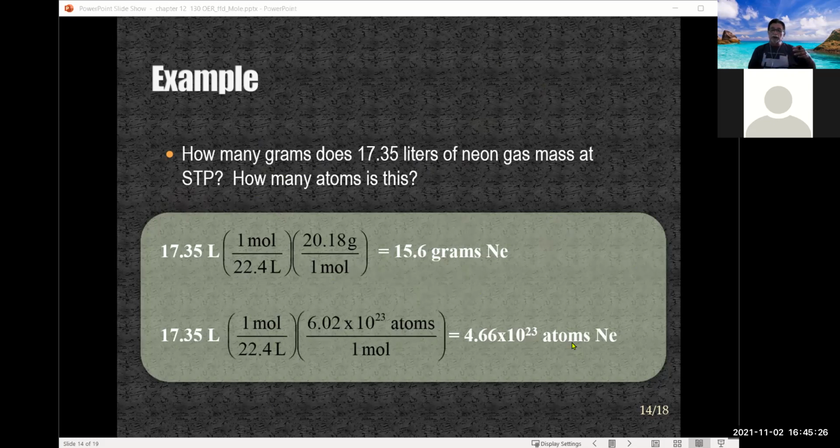Notice I can keep track of my units as I go along. My units are all canceling out like they should, leaving me with the units that I'm looking for. Then it's a matter of plugging the numbers into your calculator, and there you go. Keep track of your sig figs, and you're good to go.